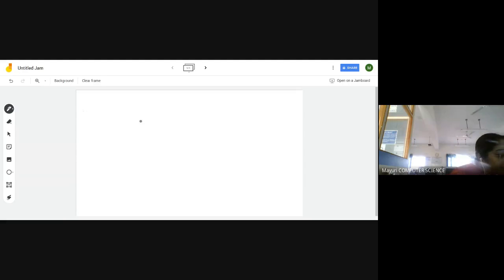The next one: I'll write the regular expression A star followed by B star and then followed by C star.